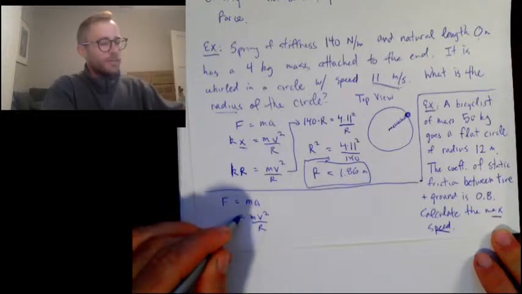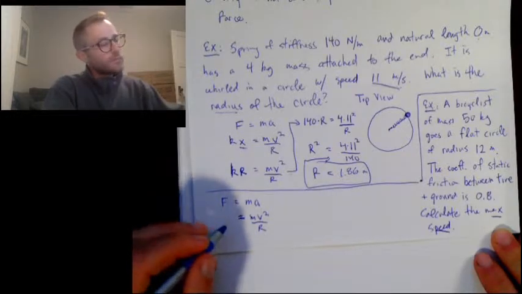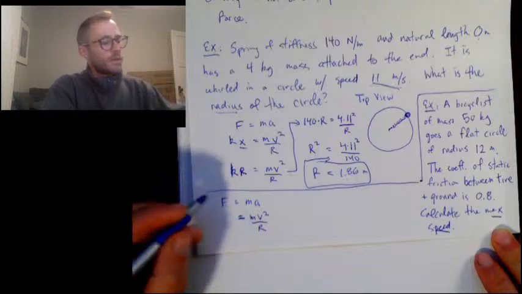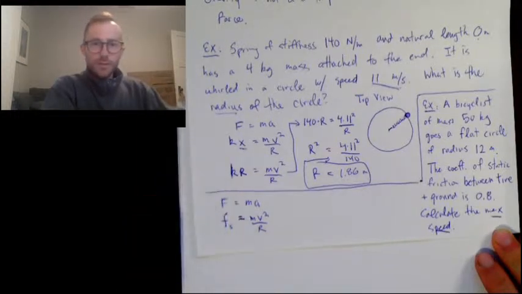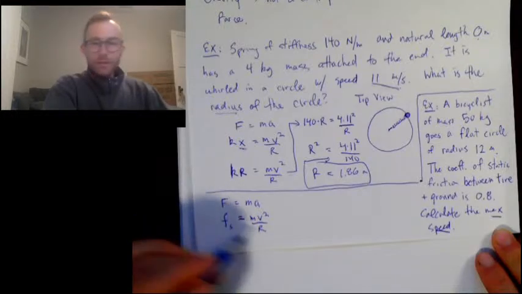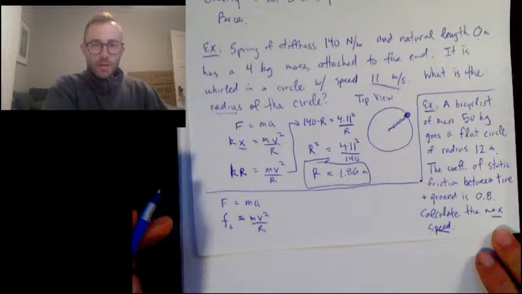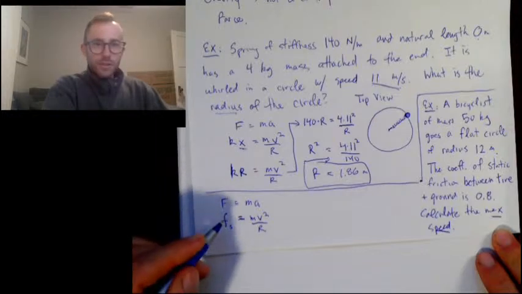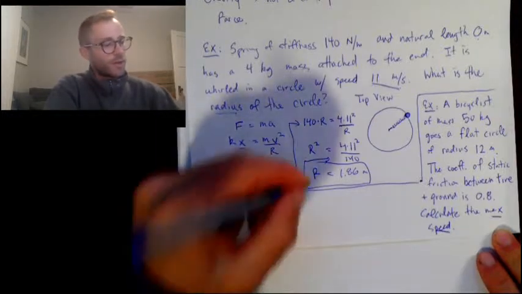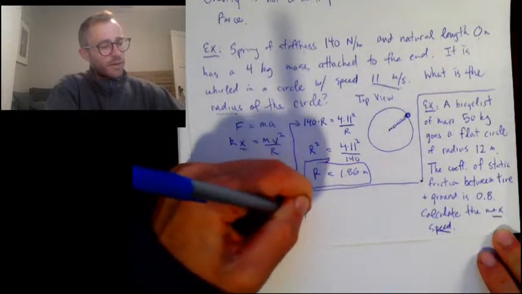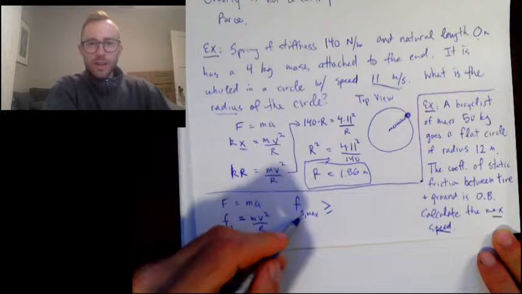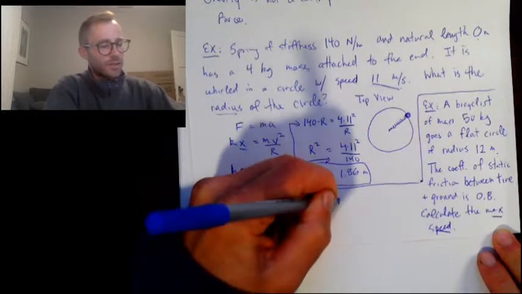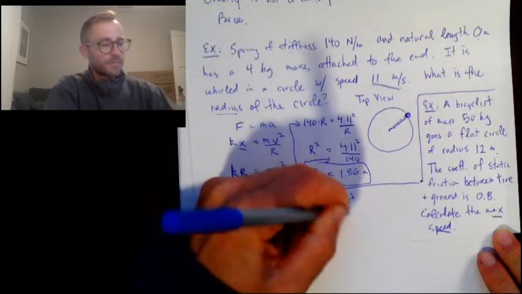Now the centripetal force is static friction. Now the required static friction had better be less than the maximum value of static friction. So we had better have that static friction max is greater than or equal to mv squared over r.